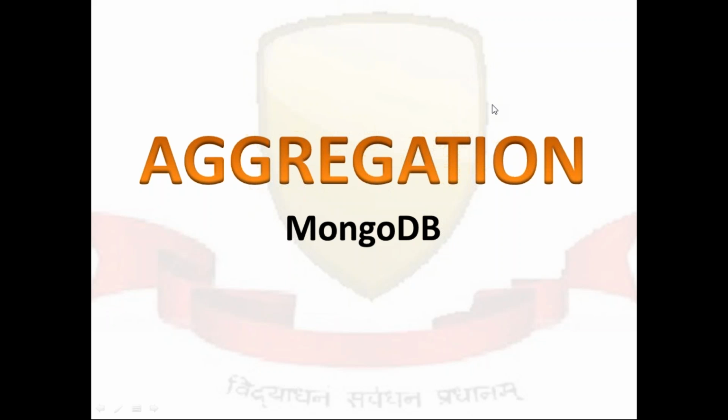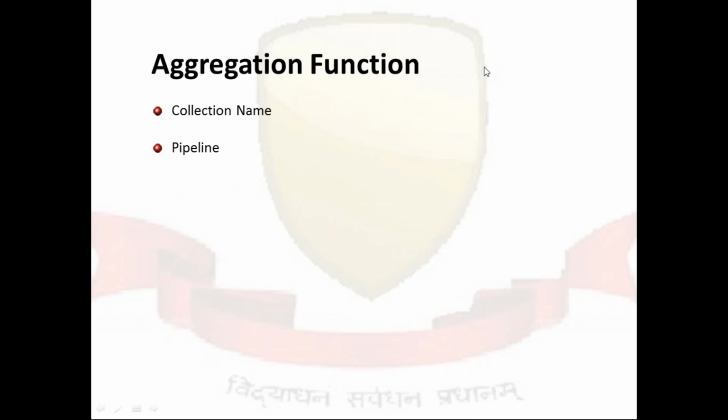So aggregation is basically an alternative to MapReduce. Now what is this aggregation? What do I mean by the term aggregation? In one line, aggregation performs operations on documents and provides the computed result.